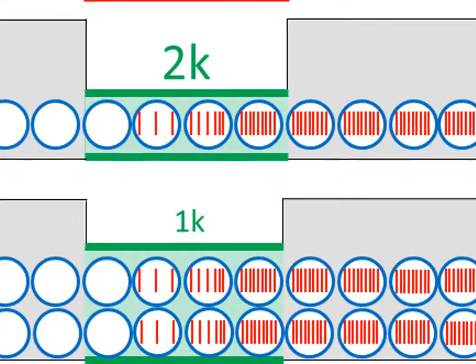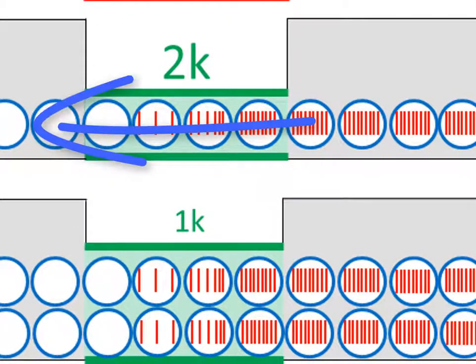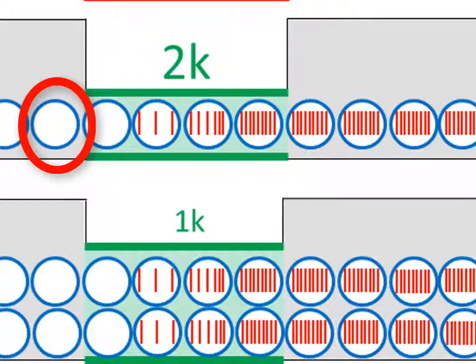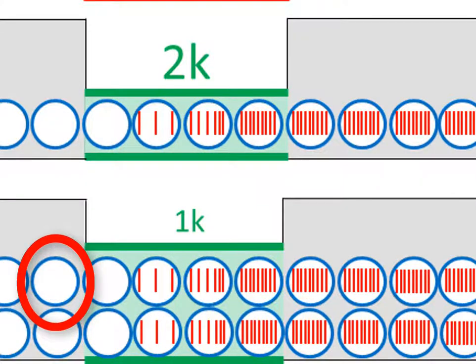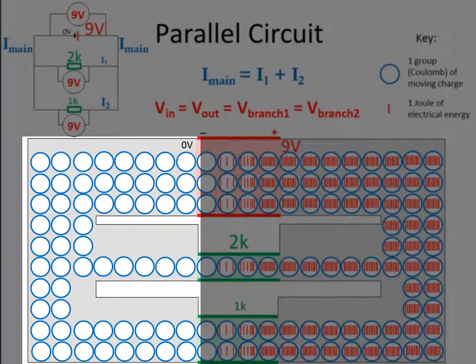And that's what you see here. These coulombs go through that one resistor, losing all 9 volts as they do so, coming out with 0 volts. And these coulombs that go through that resistor lose all 9 volts as they do so, coming out with 0. So all these points over here are at the same potential as one another, 0 volt.